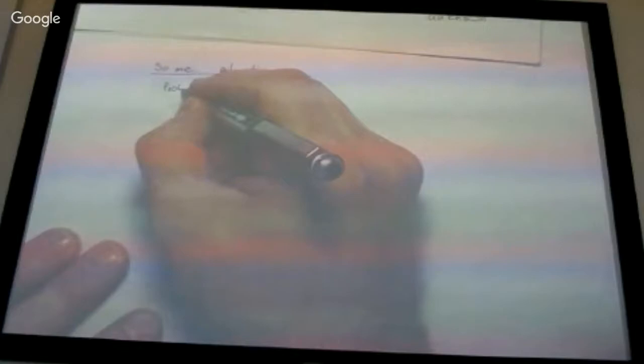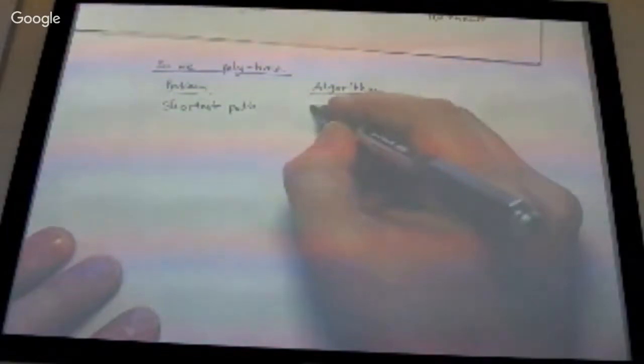So the problem and the algorithm. I think you had shortest path, and that was Dijkstra's algorithm. I always keep forgetting these names.